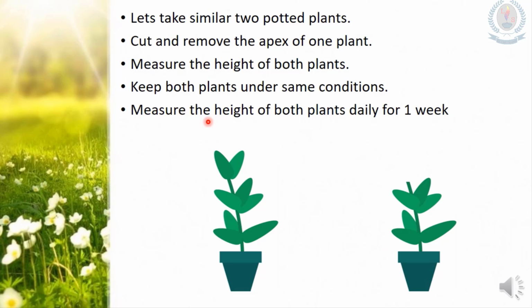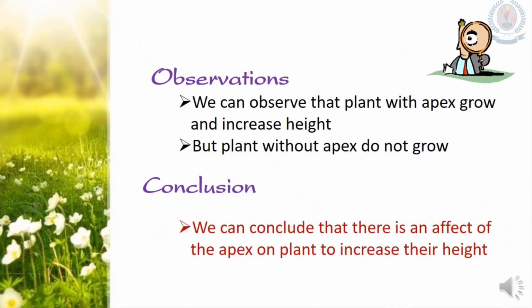What will be your conclusion? What will be the growth of these two plants? Are they growing equally or will there be a difference? Let's find out what will happen after this experiment. What will be our observations?